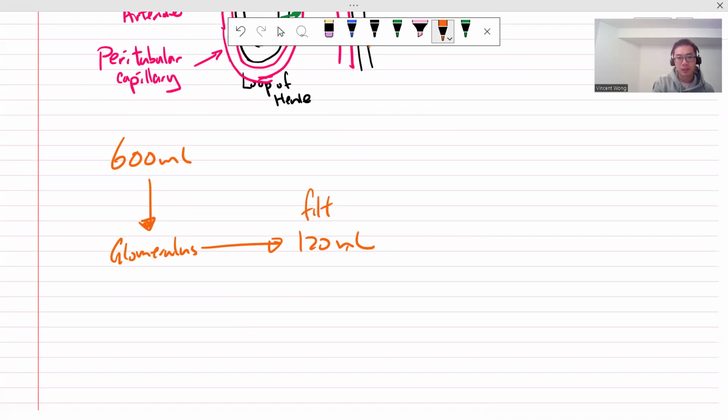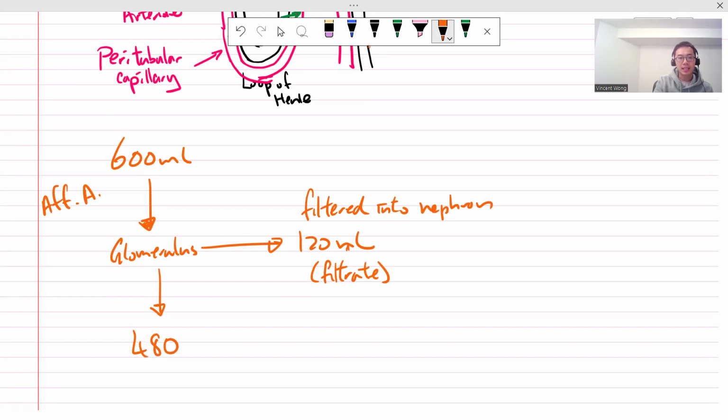This is going to become the filtrate, filtered into the nephron. This is the afferent arteriole, so that means 480 milliliters will continue out into the efferent arteriole.